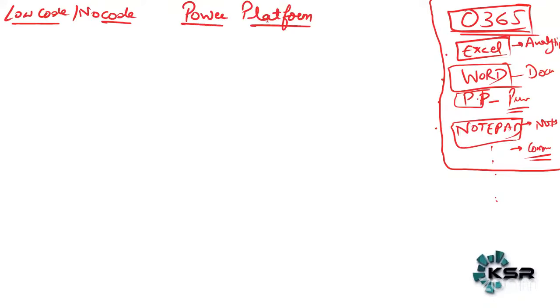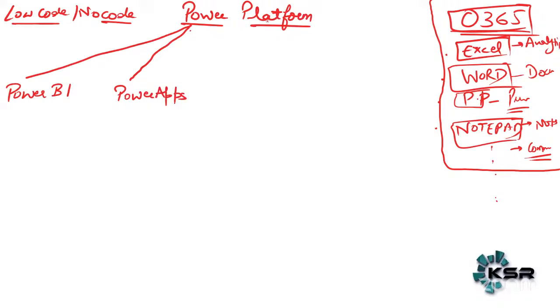As the name says, Power Platform, it will have multiple sub products, isn't it? So the first product in Power Platform is called Power BI. Then you have Power Apps. Then you have Power Pages.